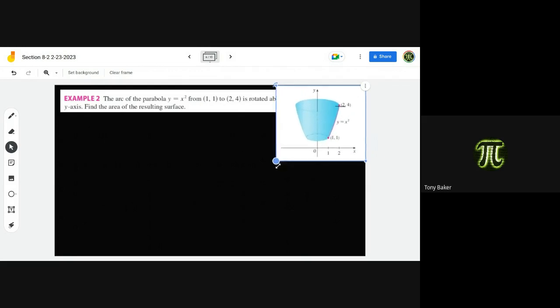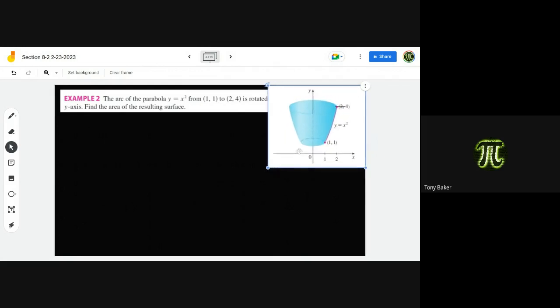So now we've got this shape. This is the parabola, y equals x squared, and we're going from (1, 1) to (2, 4), and they're rotating around the y-axis.